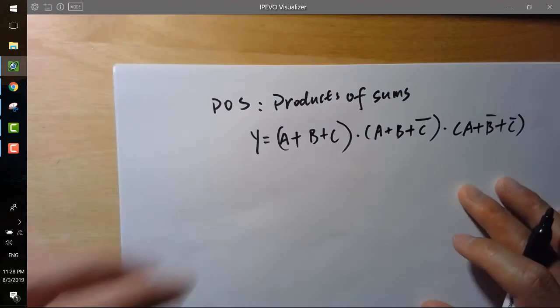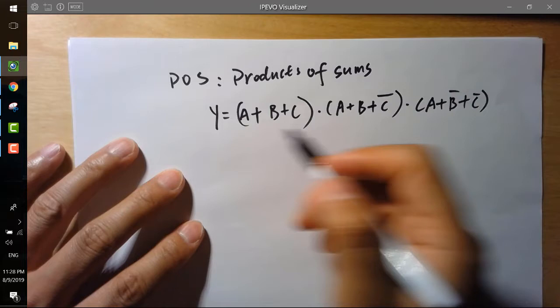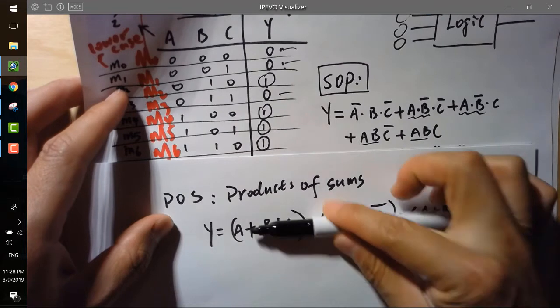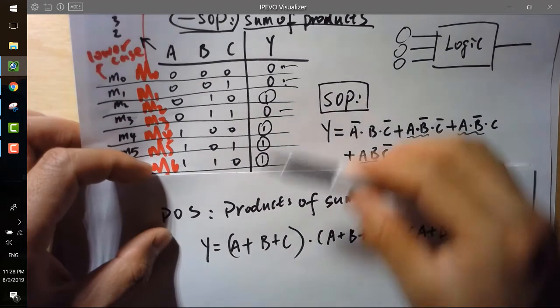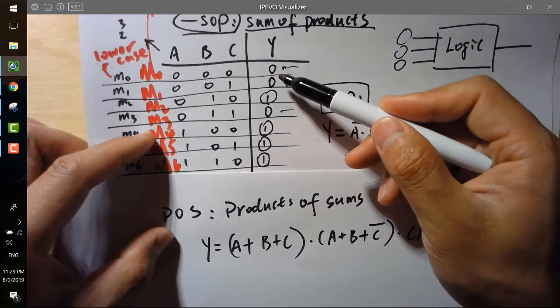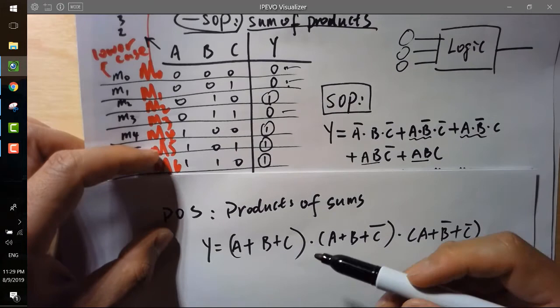So the next step will be, of course, simplification. And actually, you can verify this really quick by yourself. You just plug in all these values. You can find out this term is going to do the same job as SOP. They are going to implement the same logic, but with different combinations of gates.